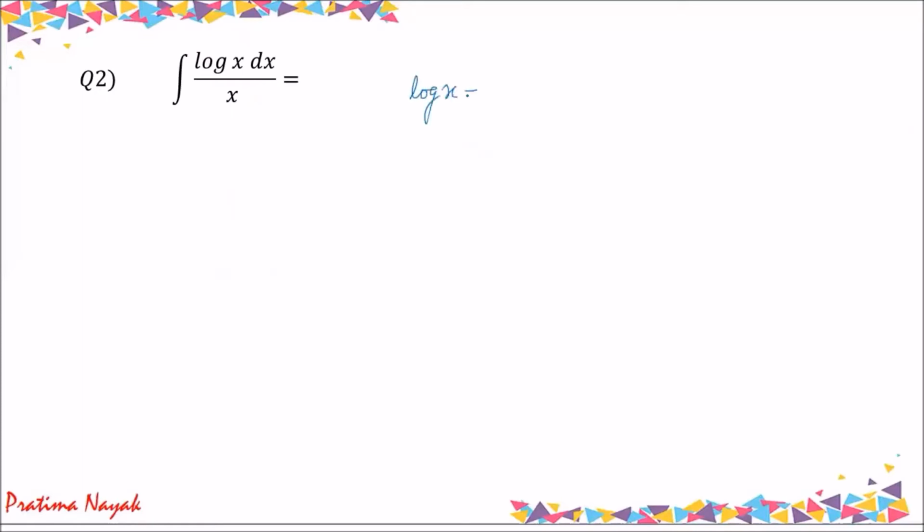While doing gradually, you can also develop this thinking, so that you know which one will be t and how I can get dt. The derivative of log x is 1 by x. So 1 by x dx is equal to dt. So I can write this as log x into 1 by x dx. Think in this way. Log x is equal to t and 1 by x dx is dt.